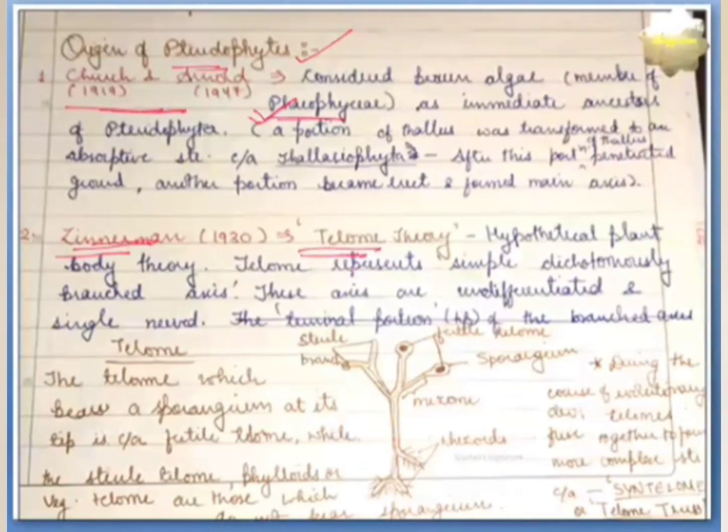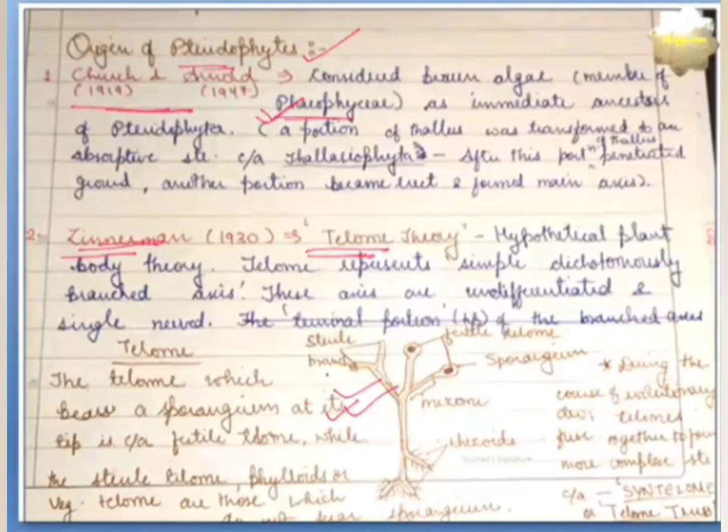According to the telome theory, the telome is a simple branched single nerved axis. The telome may bear sporangium. The telome bearing the sporangium is known as fertile telome, whereas the telome which does not bear a sporangium is known as the sterile telome.